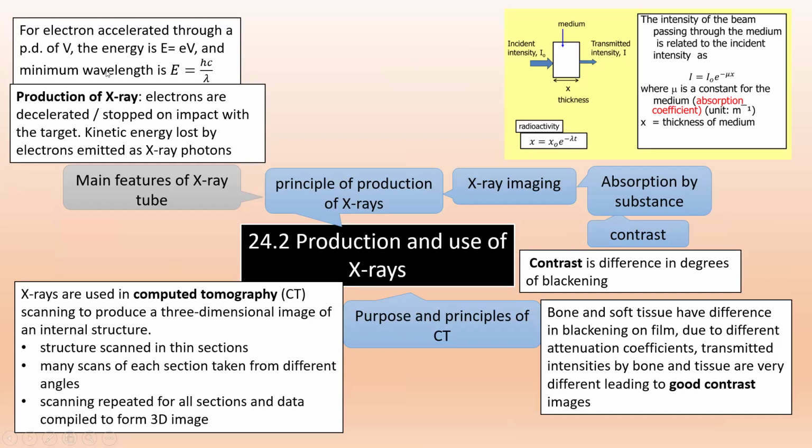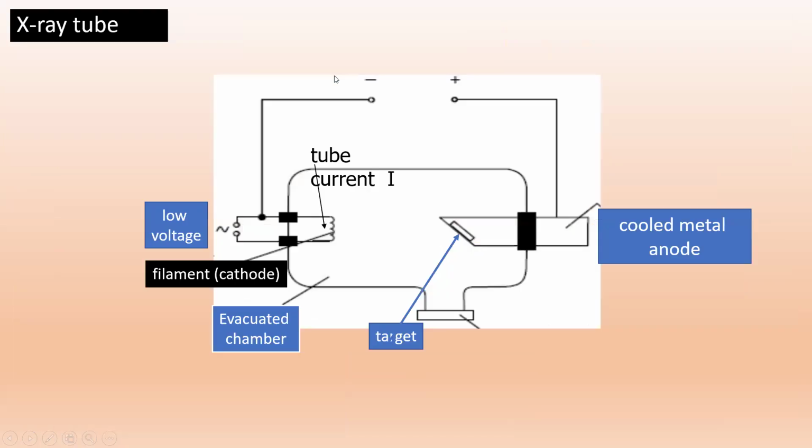Then energy of electron that's being accelerated. If all the energy is converted to X-ray, that is a minimum wavelength of X-ray.